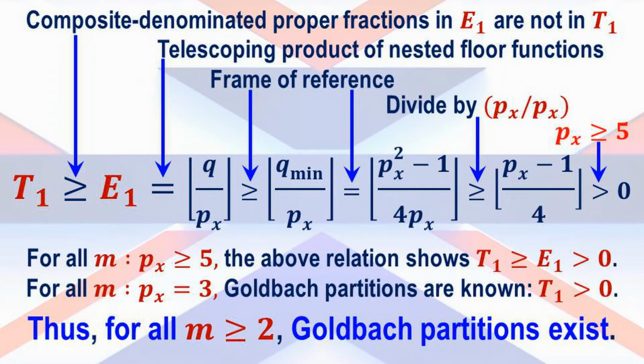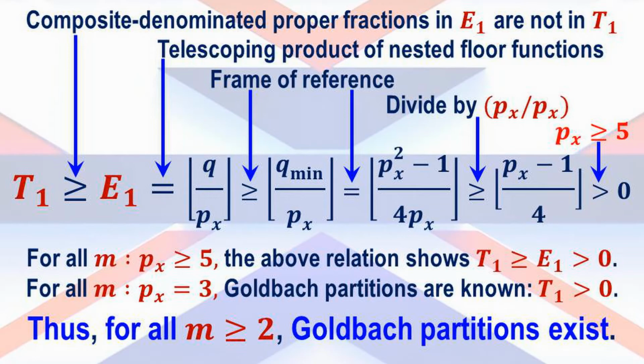That in turn, by the frame of reference calculations and equations, must be greater than or equal to Q min over Px, taken as a floor function. And that in turn, we know, is equal to (Px squared minus 1) over 4Px. If we divide the top and bottom of that by Px over Px, we say that that is greater than or equal to (Px minus 1) over 4.